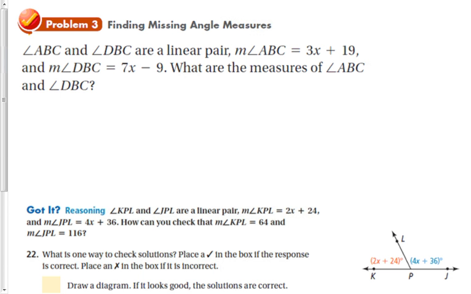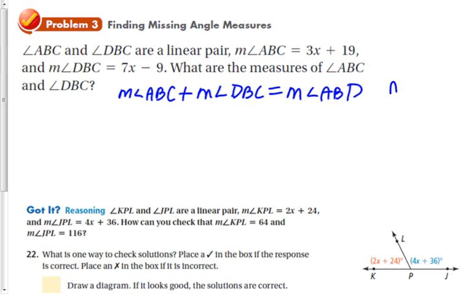What are the measures of ABC and DBC? So let's write this first. The measure of angle ABC plus the measure of angle DBC equals the measure of angle ABD, and that's by the angle addition postulate.